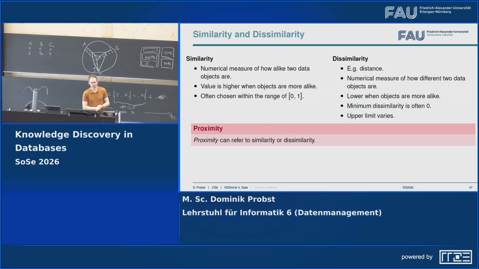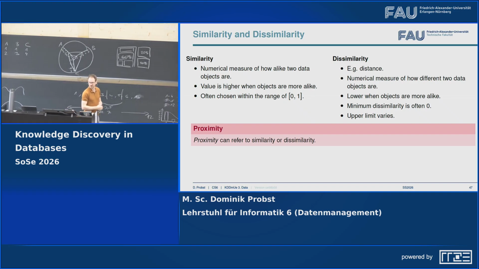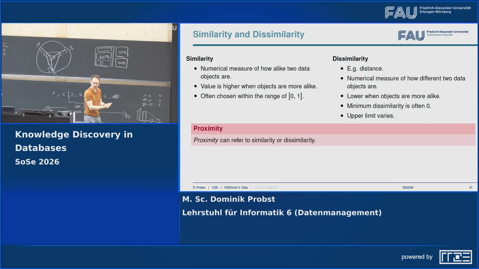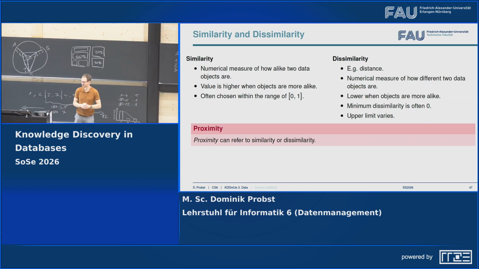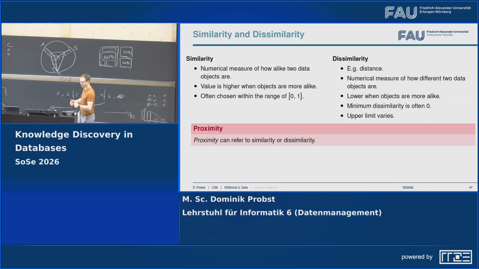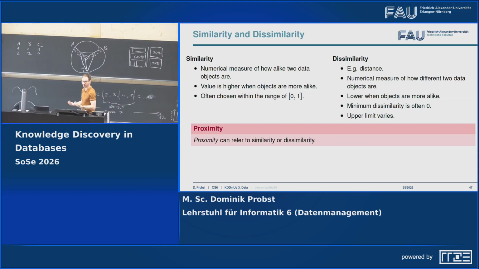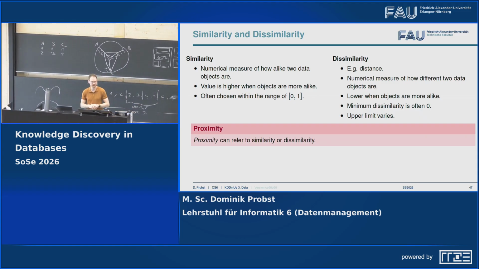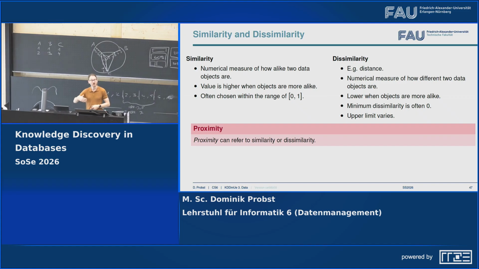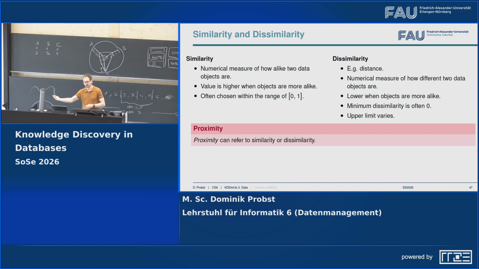Similarity is, for numerical measures, how alike data objects are. If the similarity value is higher, the more alike the two objects are. In most cases, similarity is defined between 0 and 1. So 0% and 100% similarity.